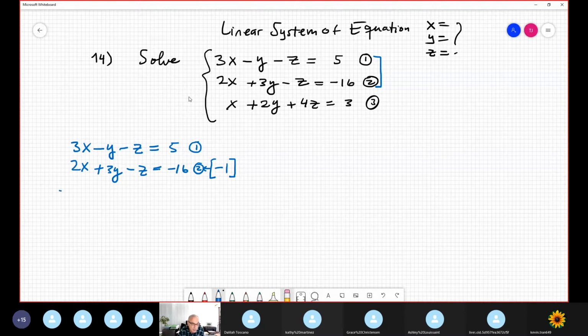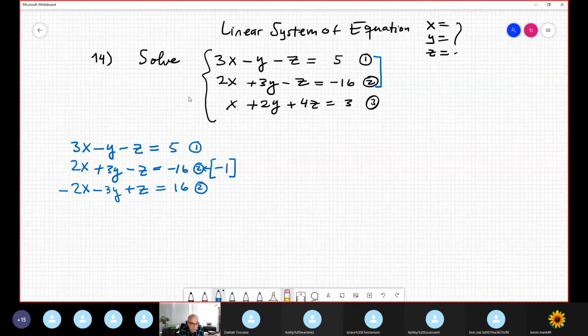When I multiply, I have minus 2x, minus 3y, plus z equals 16. And this is my new equation 2, which is perfectly equivalent to the original equation 2. Forget the original for a moment, because we are focusing only on equation 1 and the new equation 2.